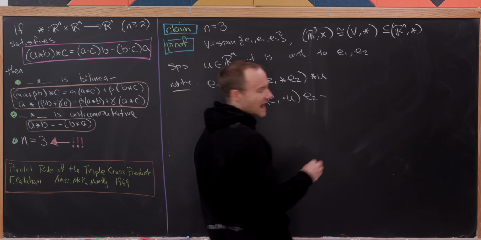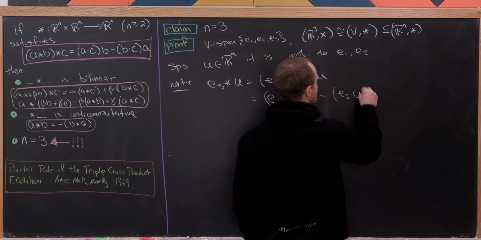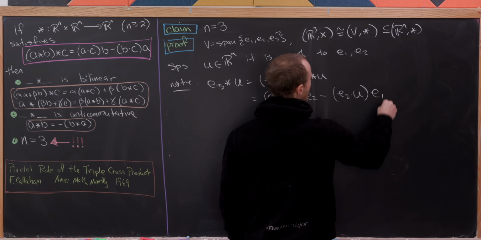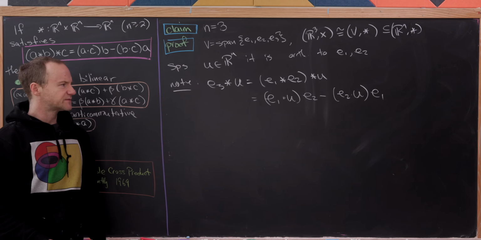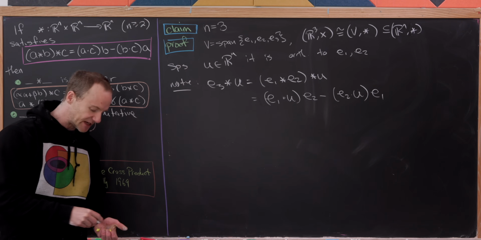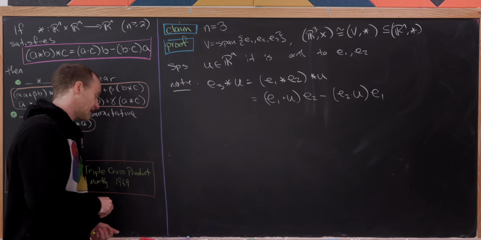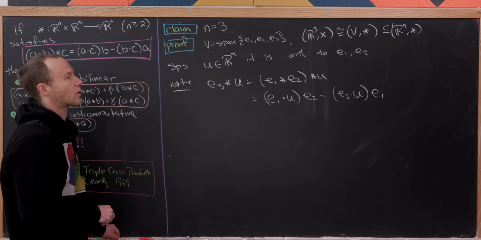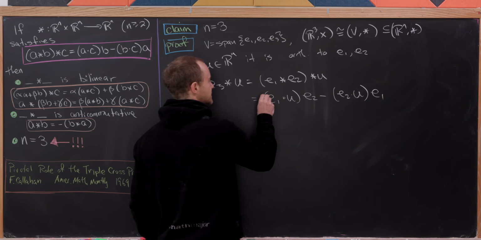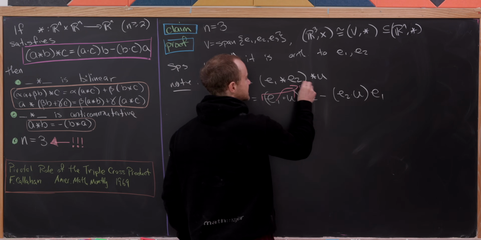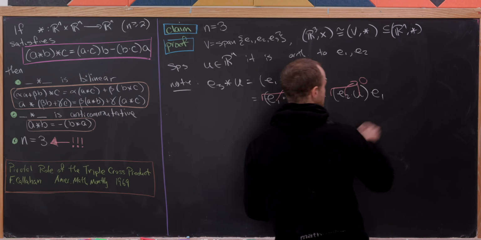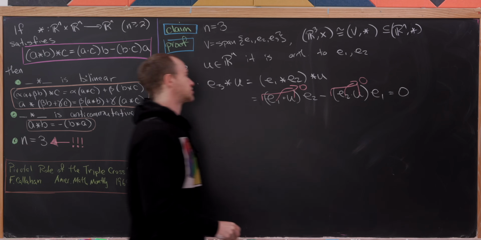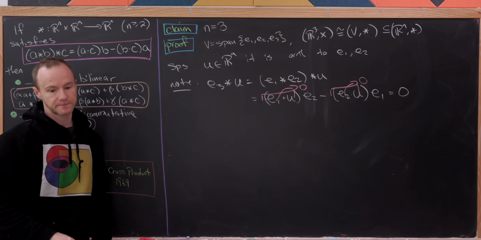And then we'll have minus E2 dot u, and that's occurring in the E1 direction. But now let's observe that those are both equal to 0, because we're assuming that u is perpendicular or orthogonal to each of those. So that means this is equal to 0 and this is equal to 0, making this whole linear combination equal to the 0 vector.